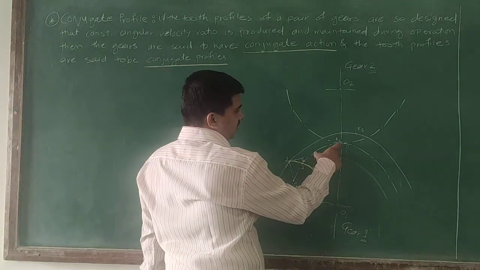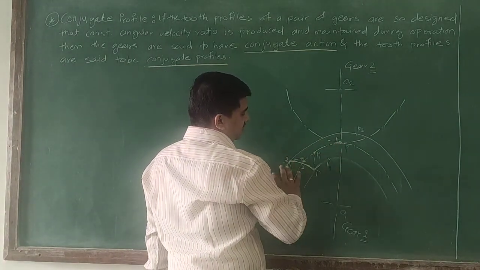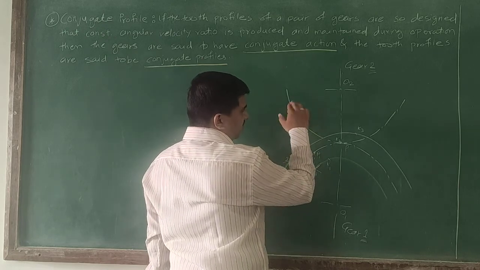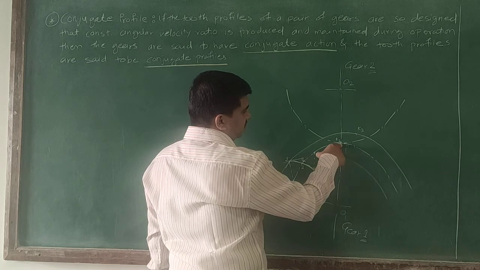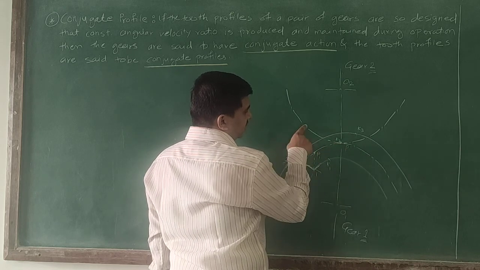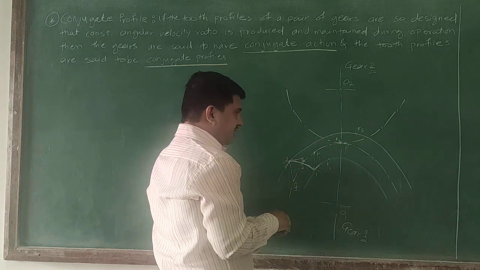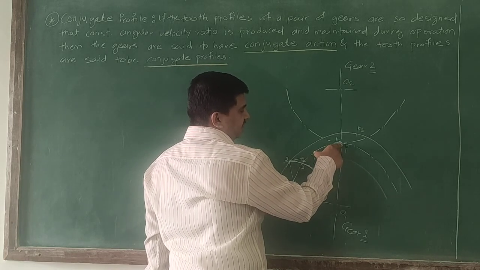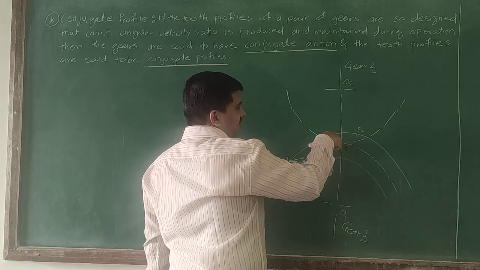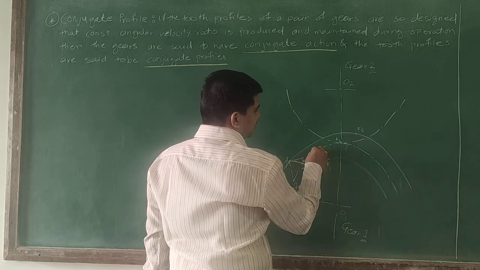Now we want a gear tip profile over here. Okay, so for that thing, what we will do, we will mark this P1 point over here as P1 dash. So considering P as center and P1 as radius, we will draw an arc which will be like this.